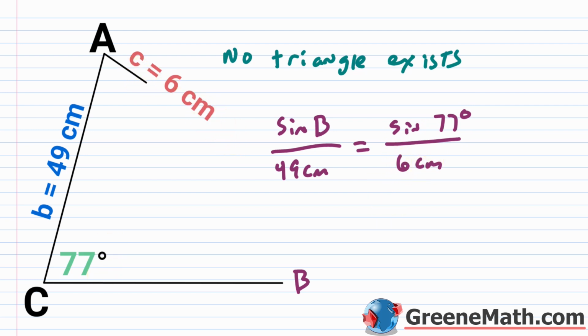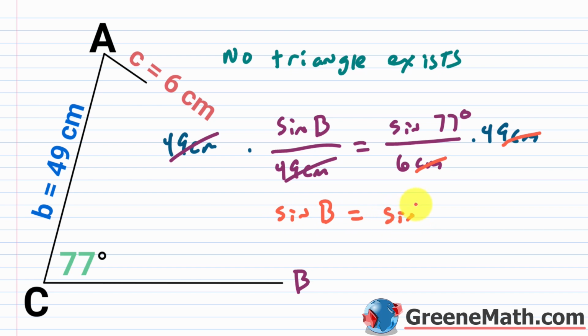So what we would do here is multiply both sides by 49 centimeters. And so this would cancel, and centimeters would cancel. So let's cancel those units there. And what you're going to have is that the sine of B is equal to the sine of 77 degrees times 49 over 6. So punch that into your calculator.